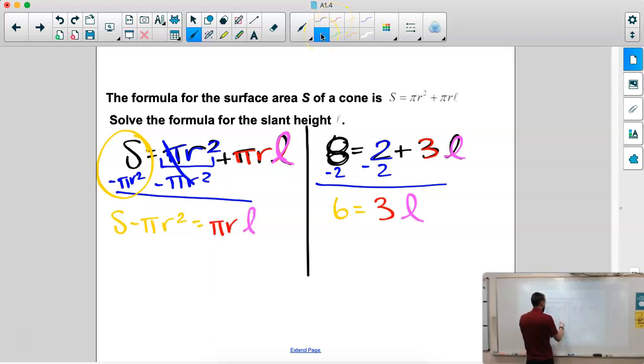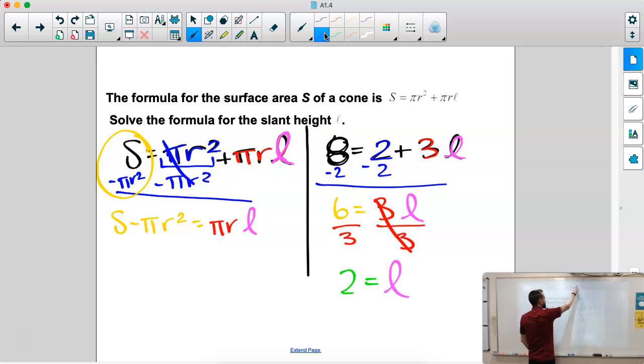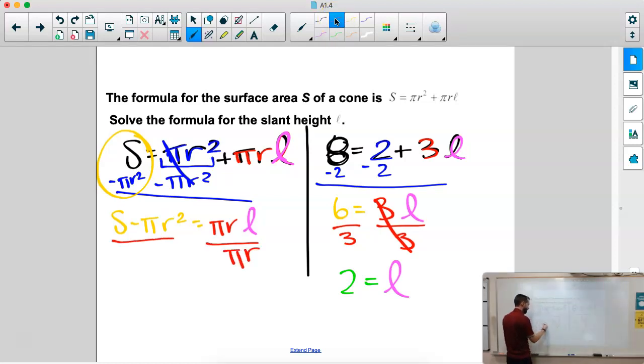Then we're going to go back and forth between these. Next, I think you would all say, oh yeah, you just divide by 3. These would cancel out, and you would end up with 2 equals L. And so we're going to do the same thing over here. We're going to divide by pi r.